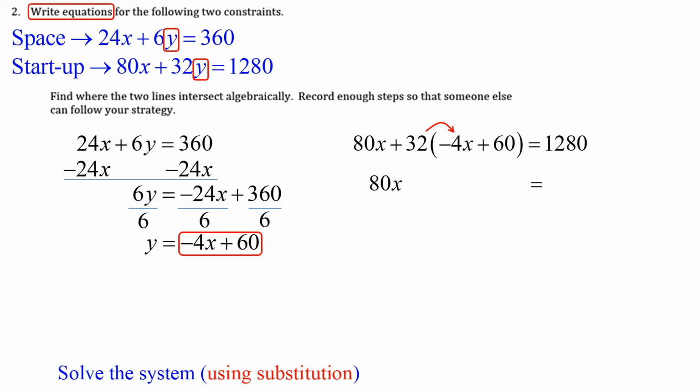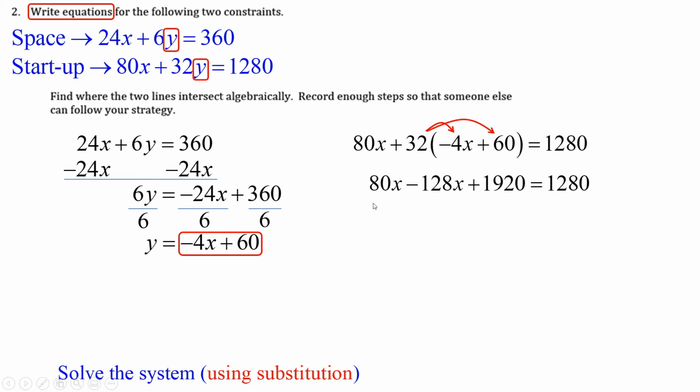So I have a 4 times 32 is 128, so that would be negative 128x. Okay, and then 32 times 60 is going to be 1,920. Has to equal the 1,280 right there. Good. All right, now there's a little bit going on here.